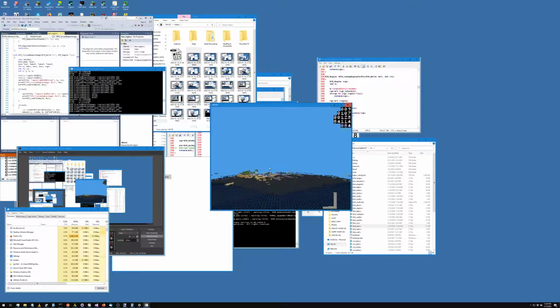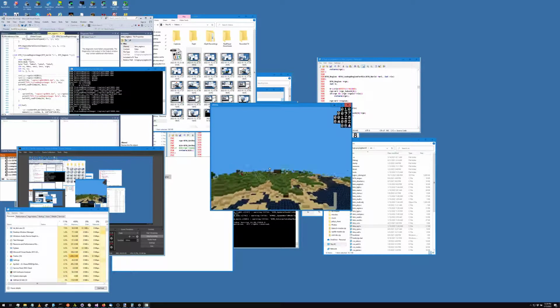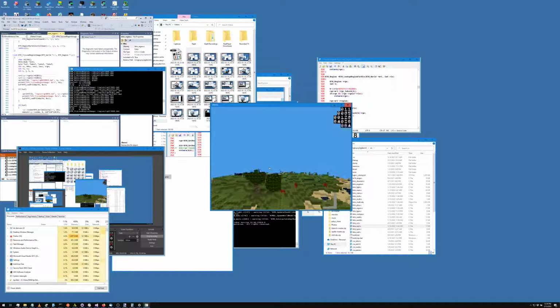In this 3D engine, I don't yet have biomes or anything, so all the terrain does look a bit samey.